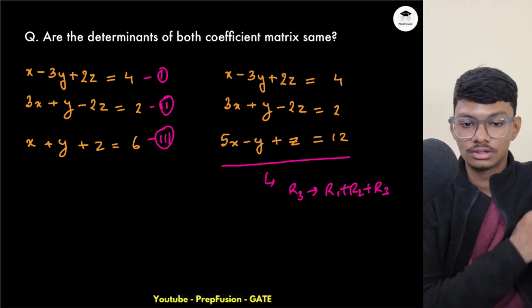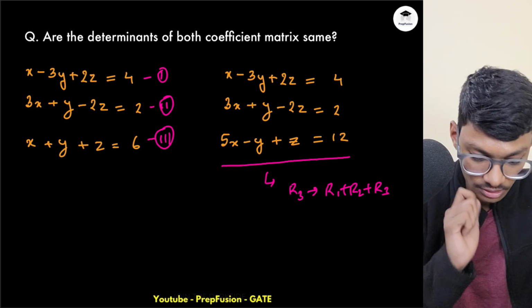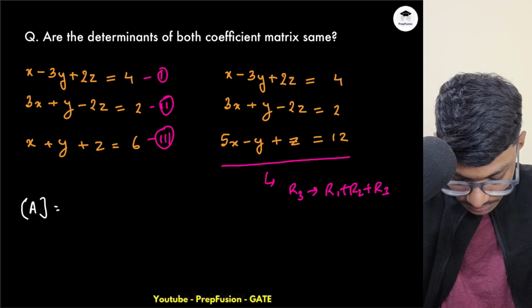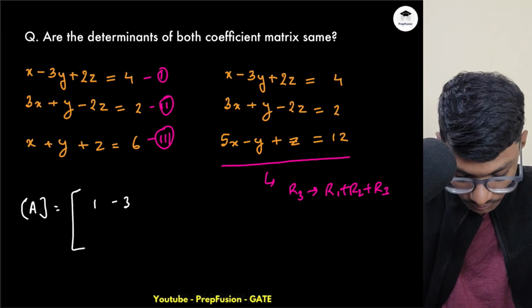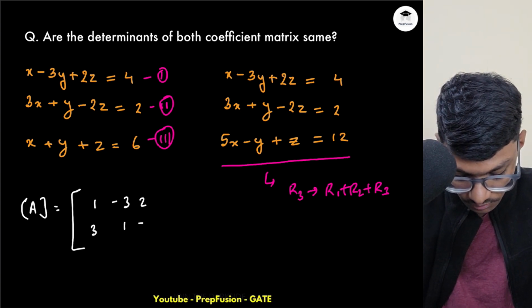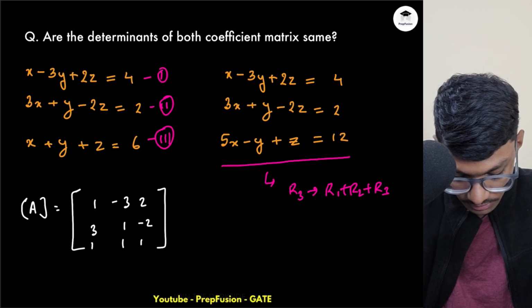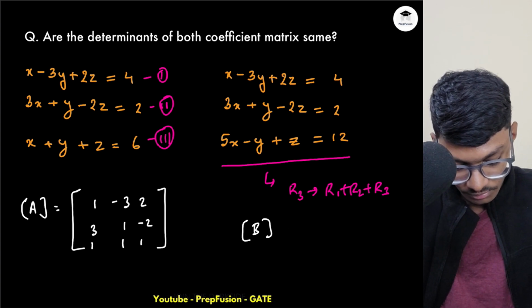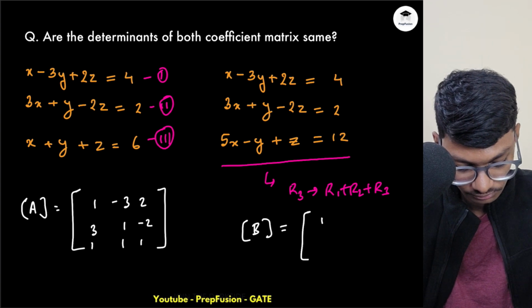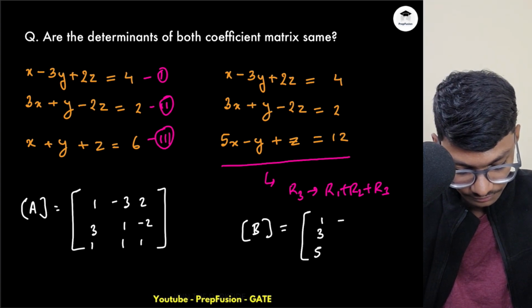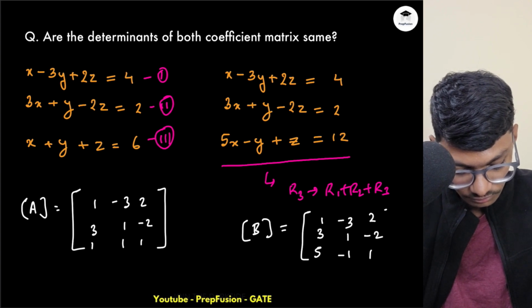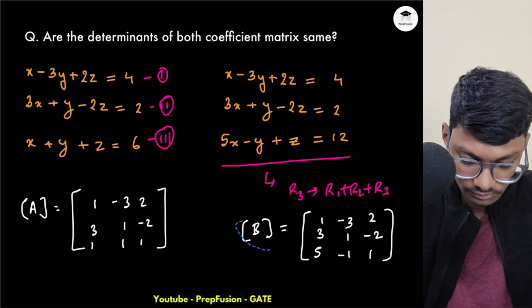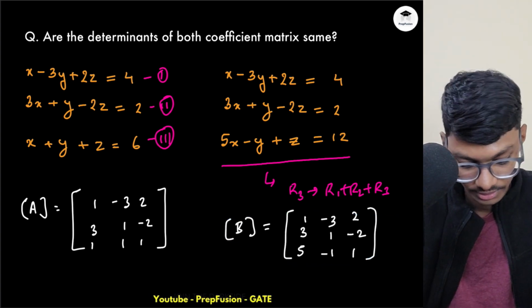Okay, so now let's check whether the determinants are the same. This is my A matrix, which is 1 minus 3 2, 3 1 minus 2, 1 1 1, and your B matrix is 1 3 5, minus 3 1 minus 1, 2 minus 2 minus 1.